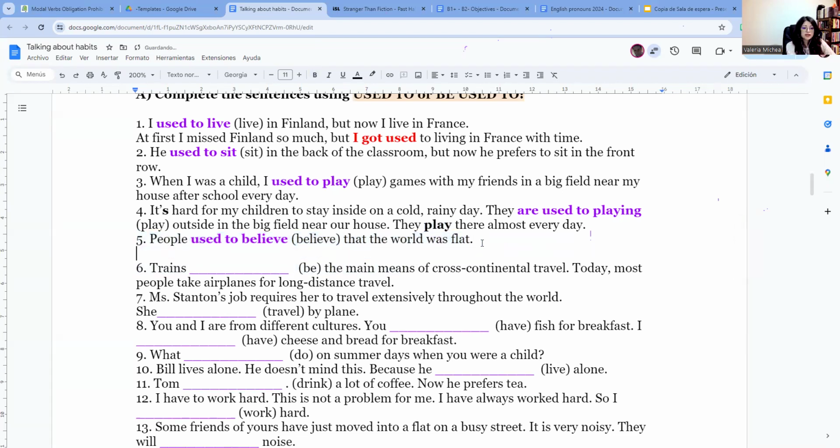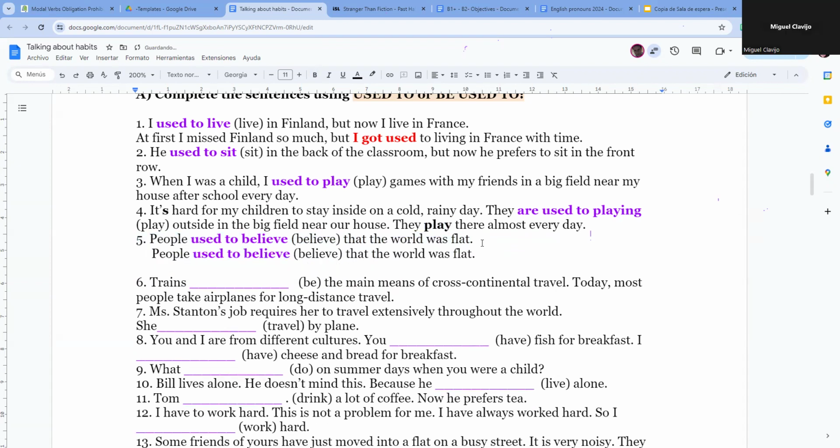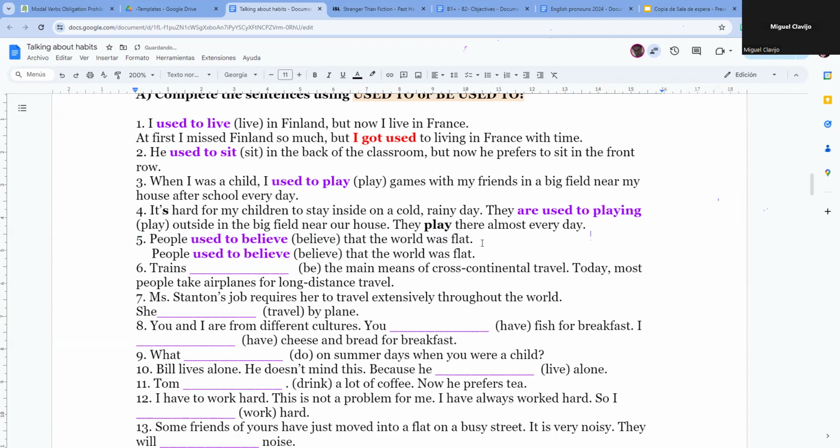Yeah. That's right. Are you one of those, Miguel? Or do you think it's round? Obviously, I don't believe that. Obviously, of course. Why would I not be sure that it's not flat? Yeah, people are used to believing. Yeah, it could be. In this case, it could be either.